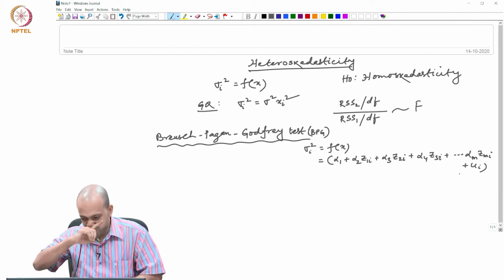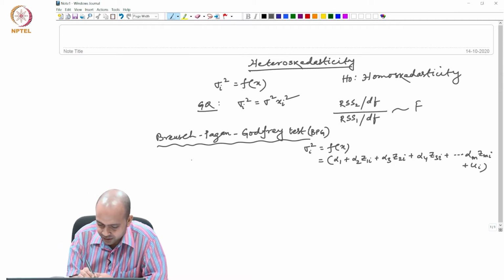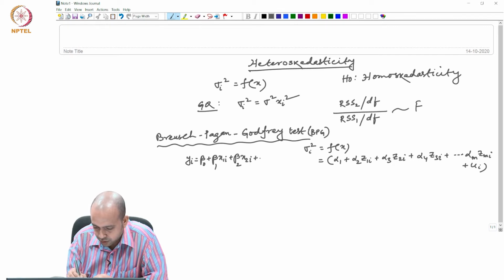All right. And what is this z actually? Let us say your original model is yi equals beta 0 plus beta 1 x1i plus beta 2 x2i, and so on up to beta k xki, plus ui.